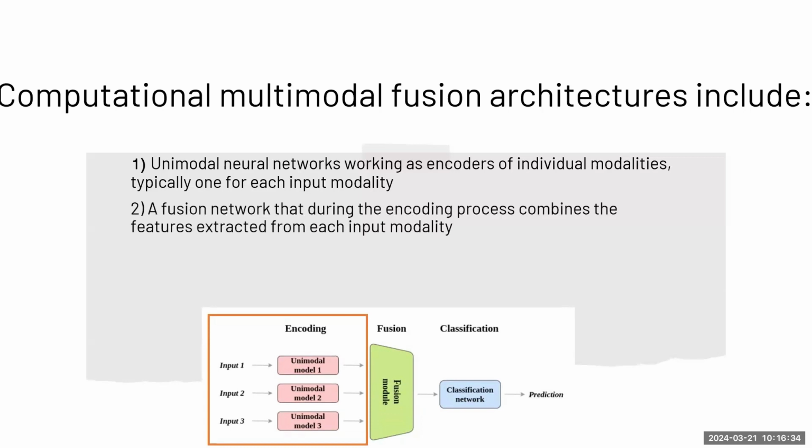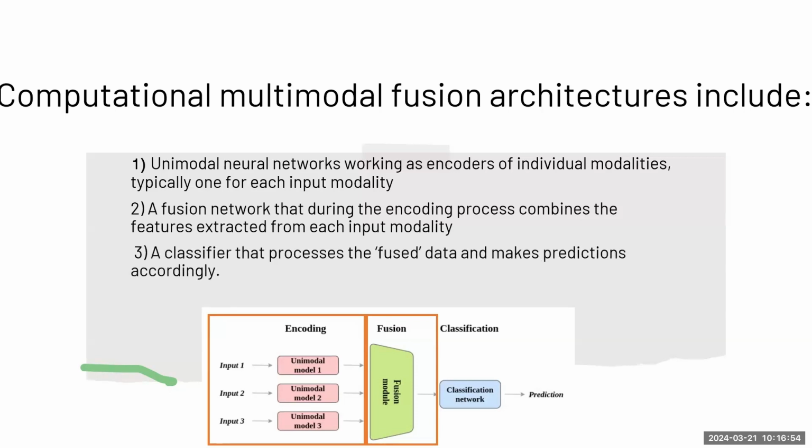Then a fusion network comes in the model that, during the encoding process, combines the features extracted from each input modality. So basically they put these neural networks together.